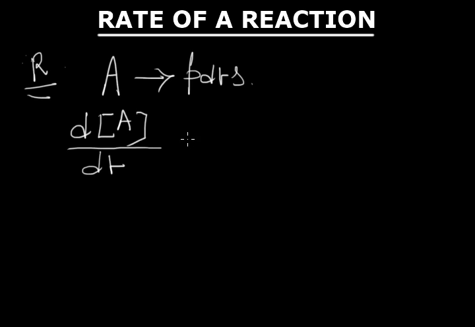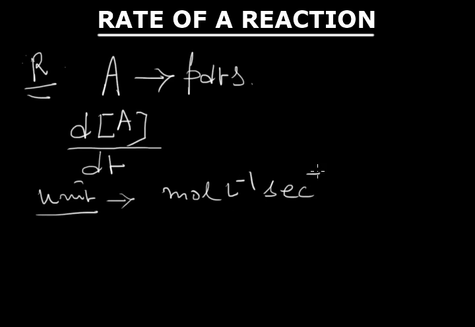Now, what is the unit of rate of the reaction? The molar concentration term has unit mole liter inverse, and time has unit second. So the unit of rate is mole liter inverse second inverse.